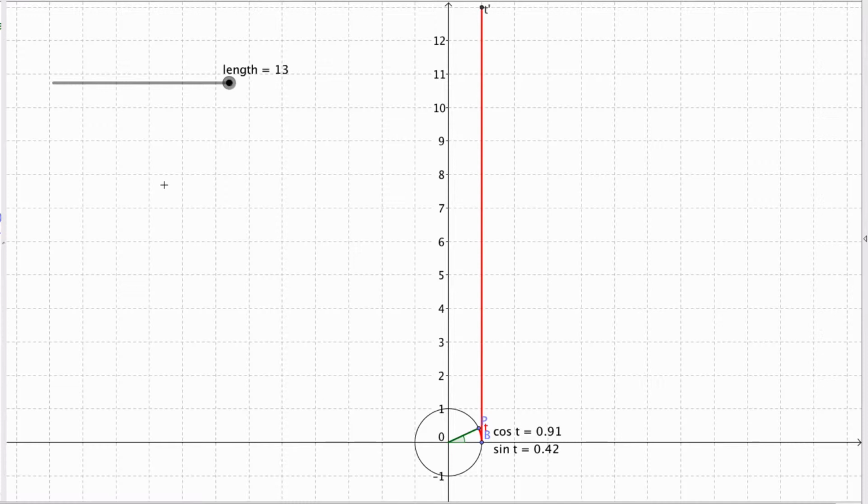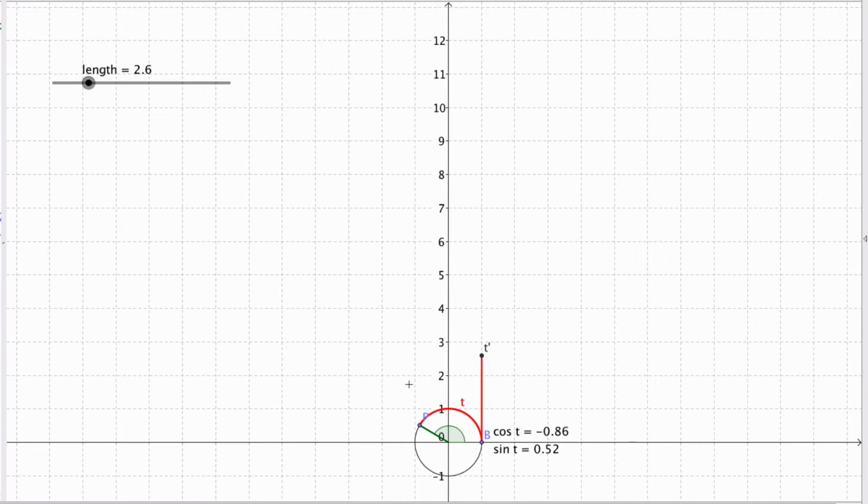Another important way of saying that is that we can take any value at all of T, and if we add 2 pi and look at the output, so let's do that. Let's go back a bit though. Okay, the 2.6 will do us. Doesn't matter, it can be any value. So our T is 2.6. Now if we add 2 pi to that, we look at where the output is now.